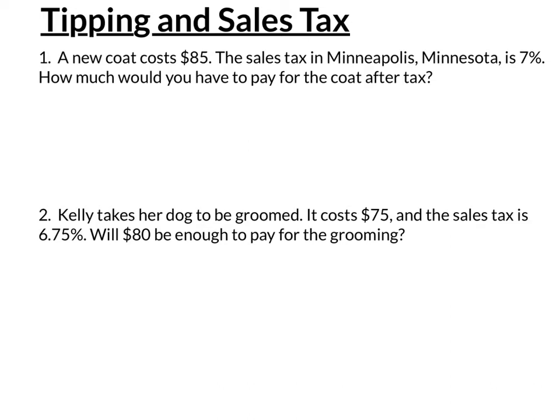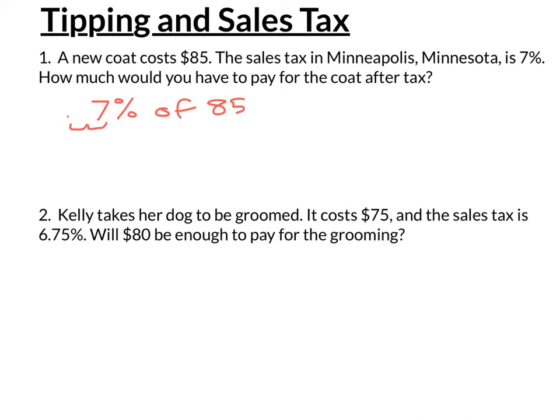So 7% of 85 is what we need to find. To do that, we're going to multiply, just like we did with discount and markup, the percent times the amount. So 7%, we have to move the decimal over 2 places to the left to turn it into a decimal.